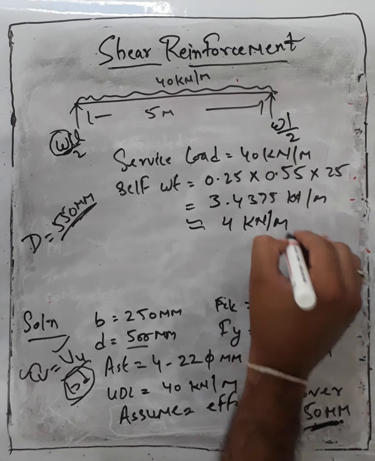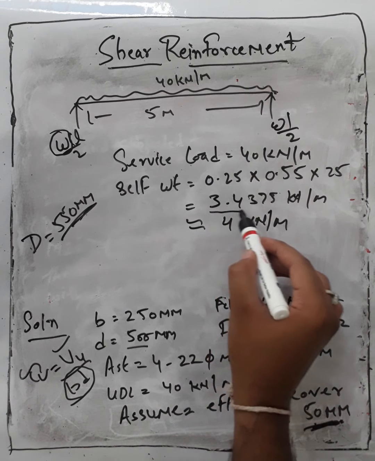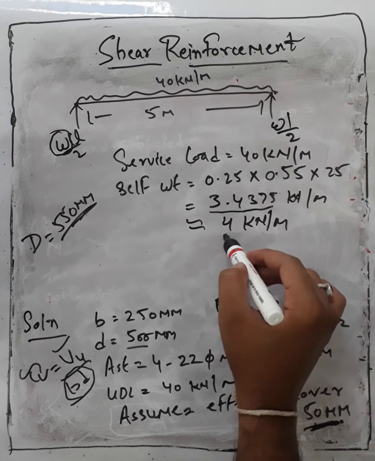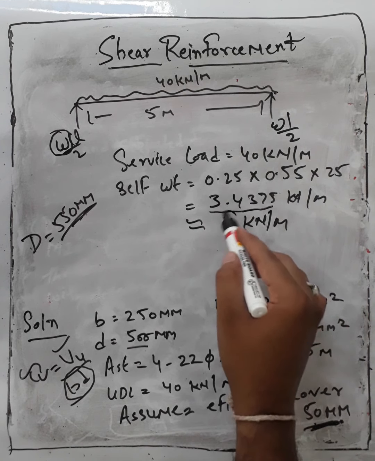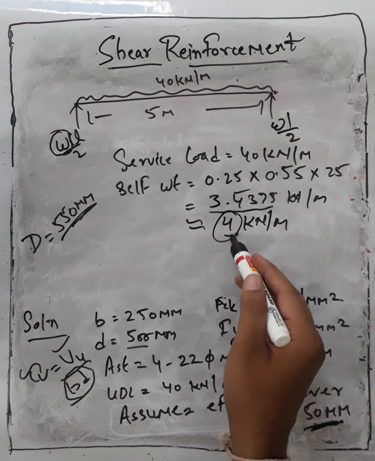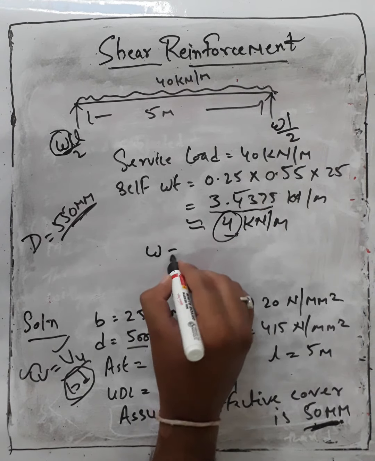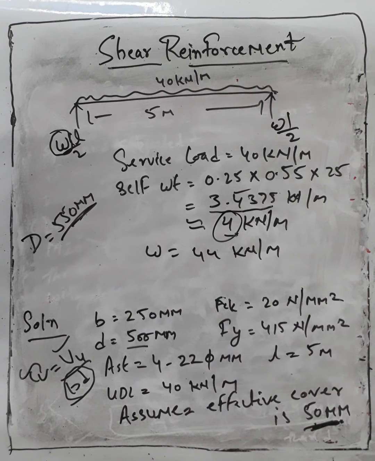If you want, you can take the approximate or aggregate value as 4 kilonewton per meter. You can design this way, or take the aggregate value as 4. Here I take 4, and you can design on this value also. So if I take this 4, the total W is 44 kilonewton per meter.